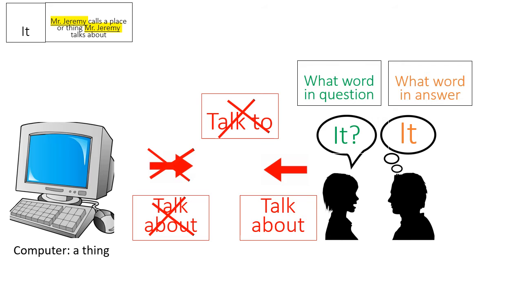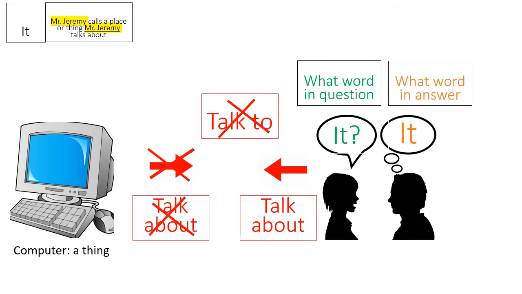When we say it, it is a what word that Mr. Jeremy calls a place or thing that Mr. Jeremy talks about. For example, a computer is a thing. So when Mr. Jeremy talks about a computer, I can call a computer it because a computer is a thing.